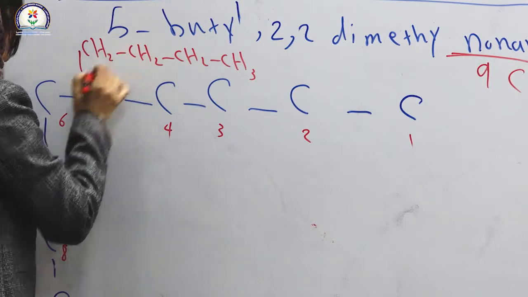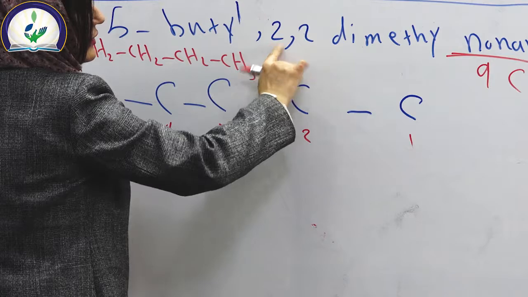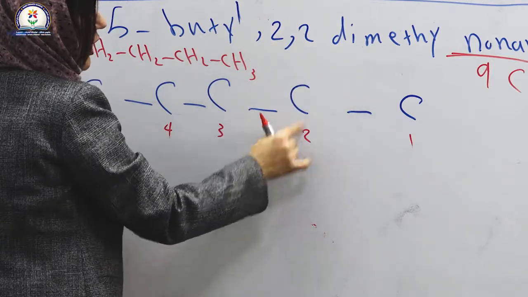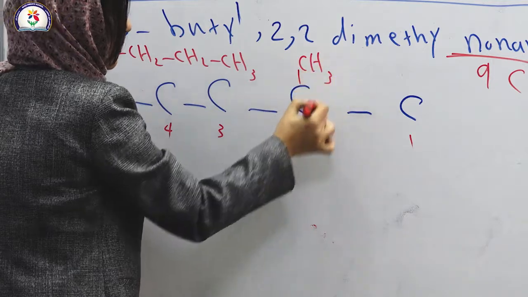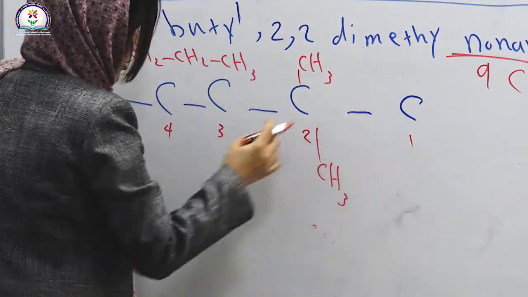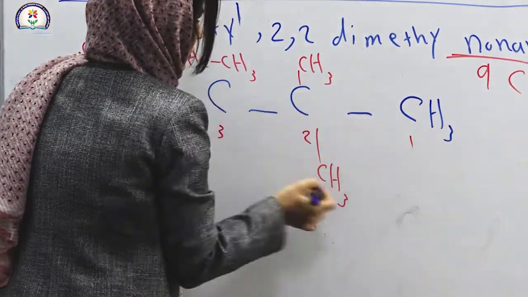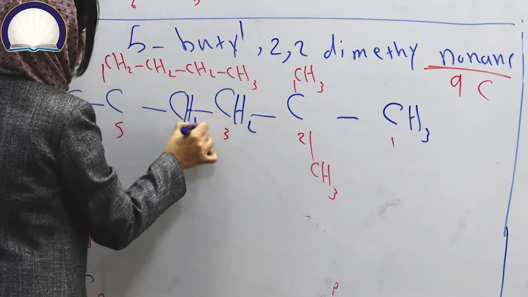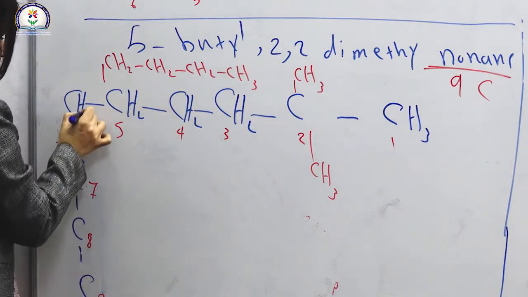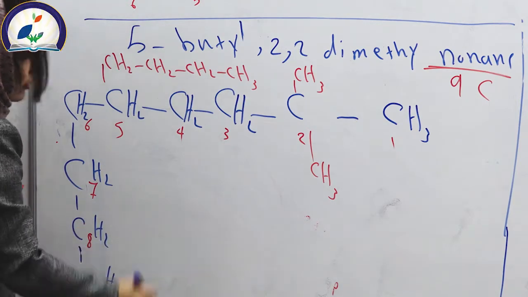At the 2, what we have? It is repeated twice. It means carbon 2 has 2 methyl groups, CH3 and CH3. Distribute the number of hydrogens.